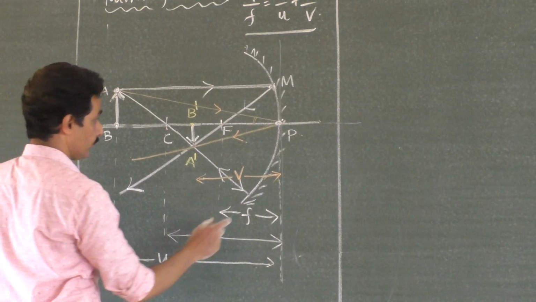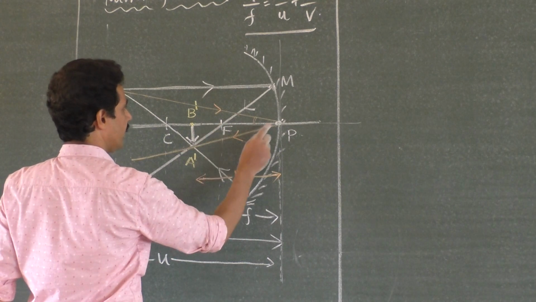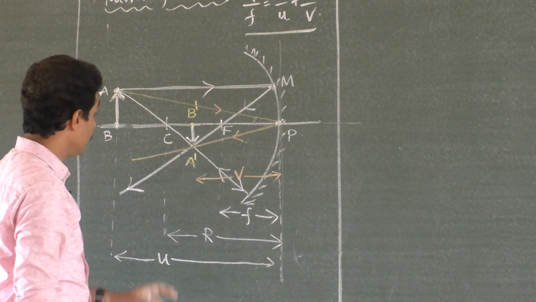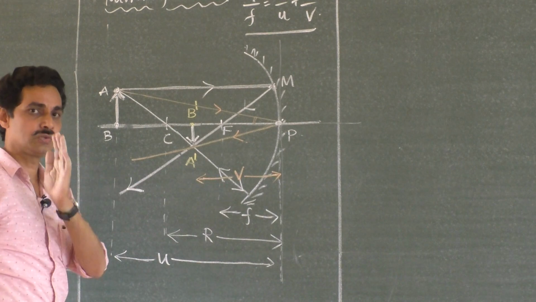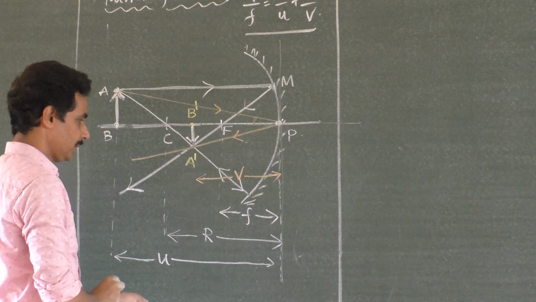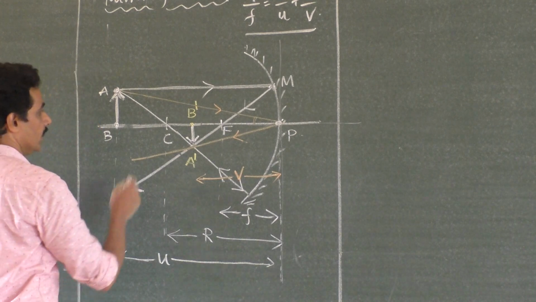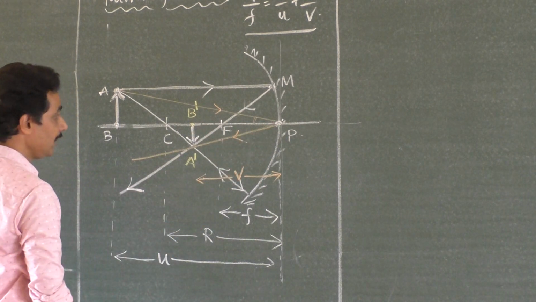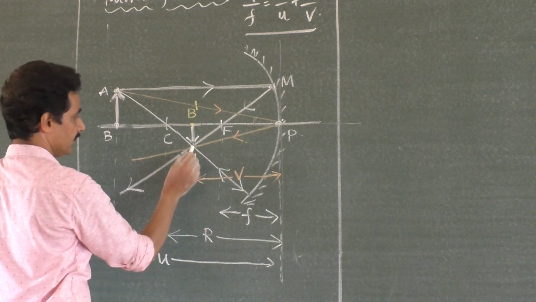Okay, what about focal length? Focal length comes in FPM, this triangle. FP is the focal length. Taking those two triangles as reference, where object distance and focal length come into the picture, triangle ABP, and of course image distance comes in one triangle.